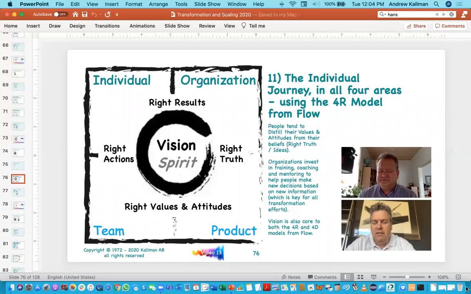And I think that the product organization also needs to understand that to cascade that truth into the different products and the different challenges we have. Then we have the right values and attitudes, and this is the cultural part, and this very much goes toward the teams.